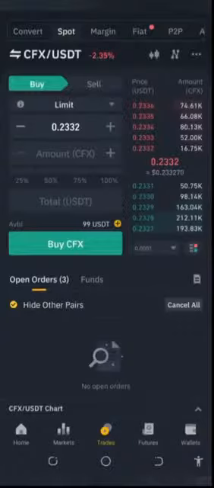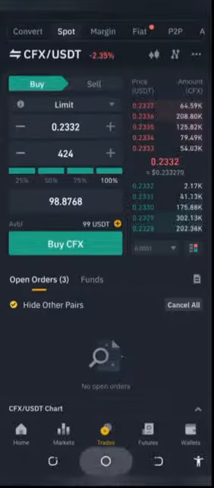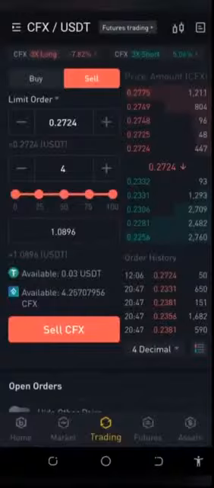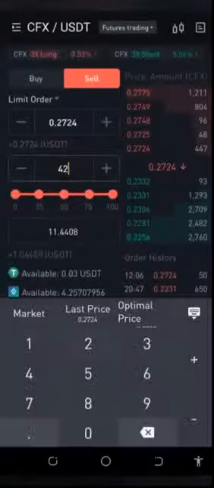So see what we have. 424. So if I send over 424, let's even say it's 423. In the process, we lose 1, right? So let's put 423. So we should actually get $15.